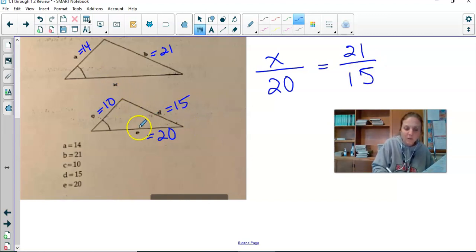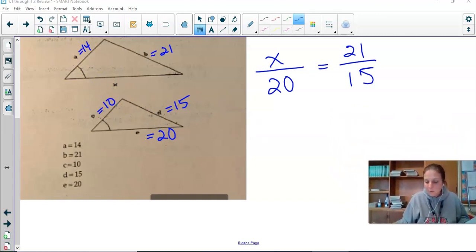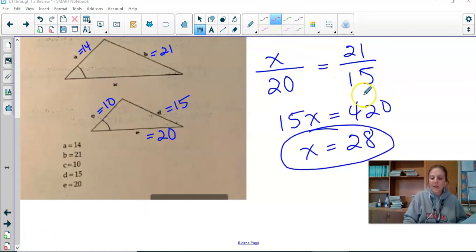So since I did X over 20, then that means I do 21 over 15. You also could have said X over 20 equals 14 over 10. Either way is fine. So now I'm going to go ahead and cross multiply. So 15x equals 420. Divide by 15 and x equals 28.